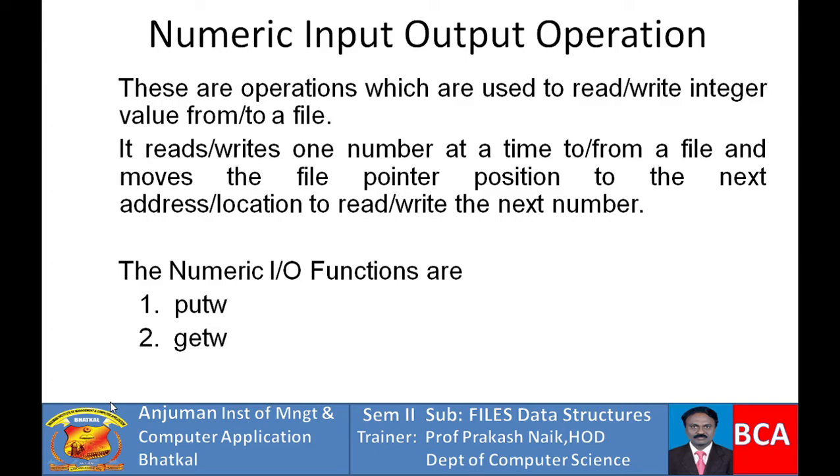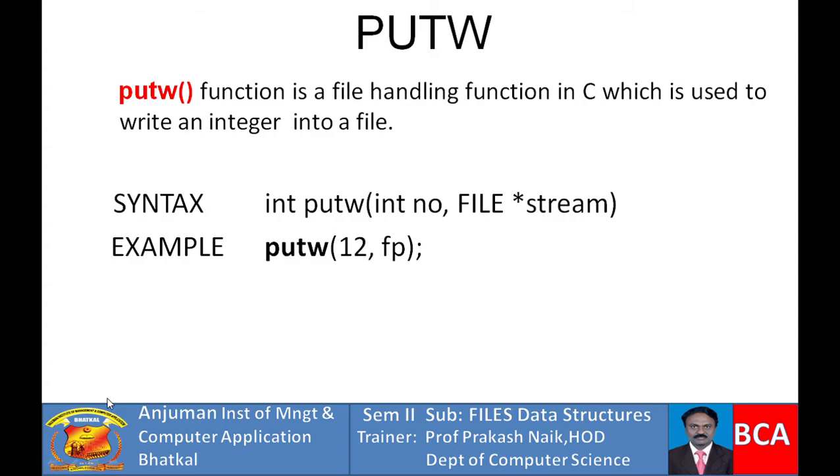Here also we use two functions. One is putw, one is getw. putw is to write the number to a file. getw is to retrieve the number from a file. You can see here putw. It is a file handling function in C which is used to write an integer into a file.